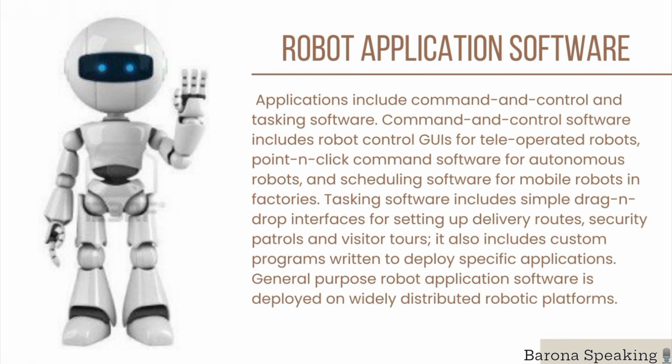Tasking software includes simple drag and drop interfaces for setting up delivery routes, security patrols, and visitor tours. It also includes custom programs written to deploy specific applications. General-purpose robot application software is deployed on widely distributed robotic platforms.